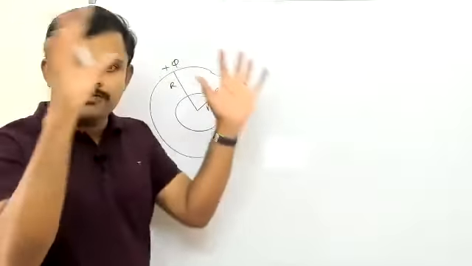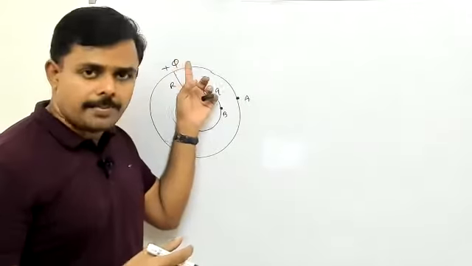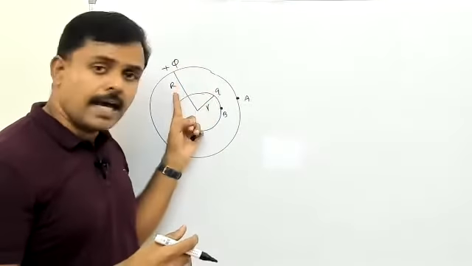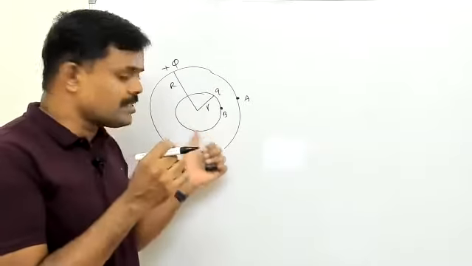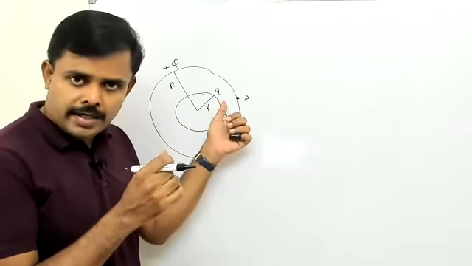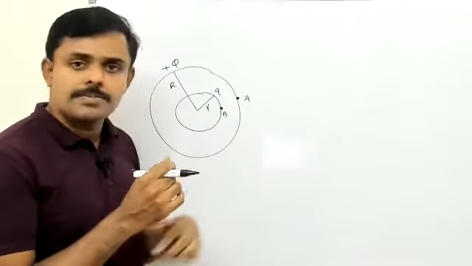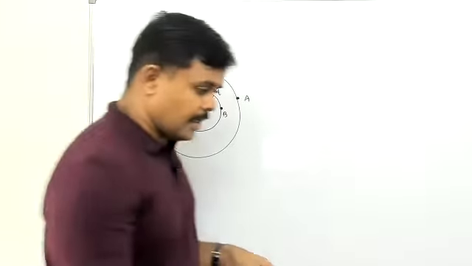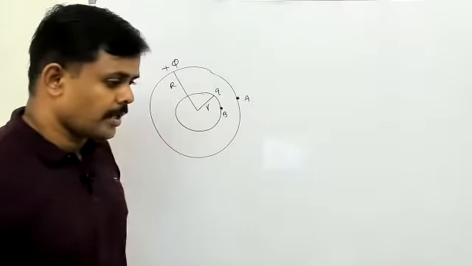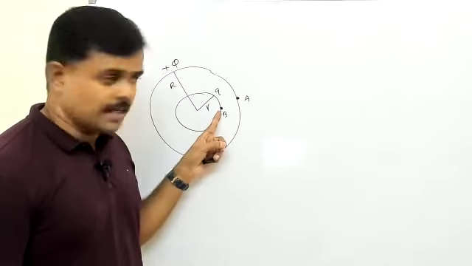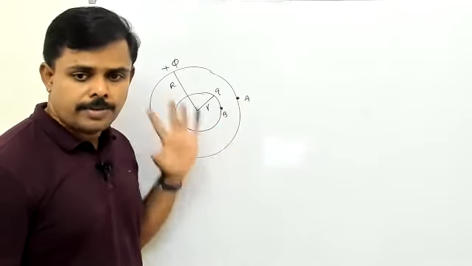So the large sphere has a charge plus capital Q, its radius is capital R. Then a small sphere is introduced inside whose charge is small q and its radius is small r. And what is the question? Find the potential difference between two points, one lying on the sphere and the other on the shell.